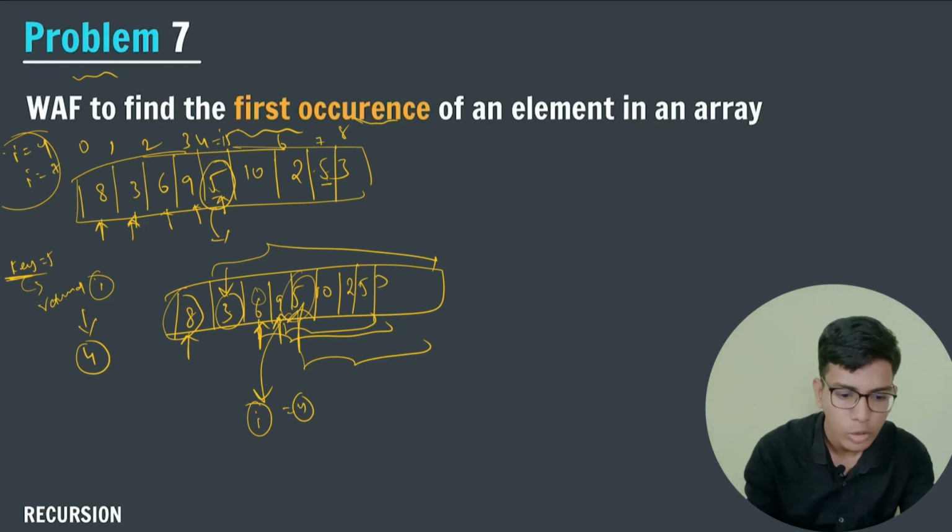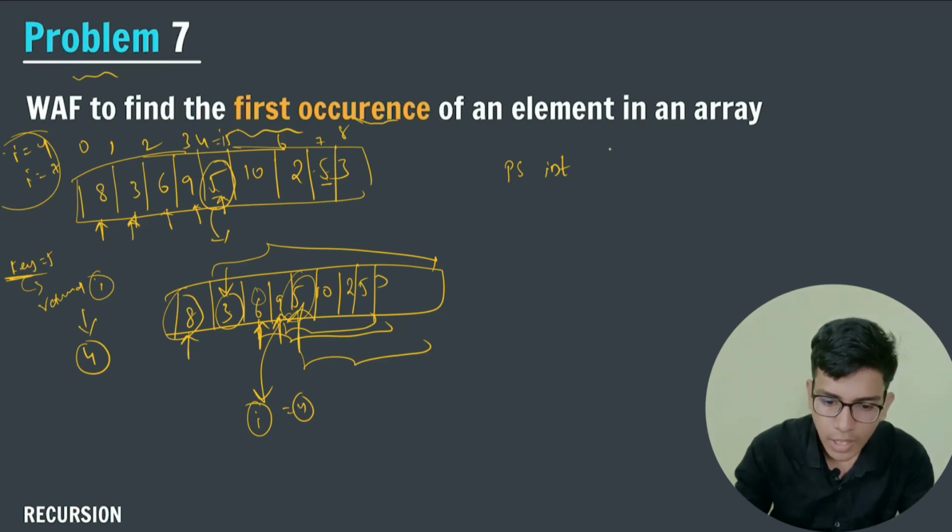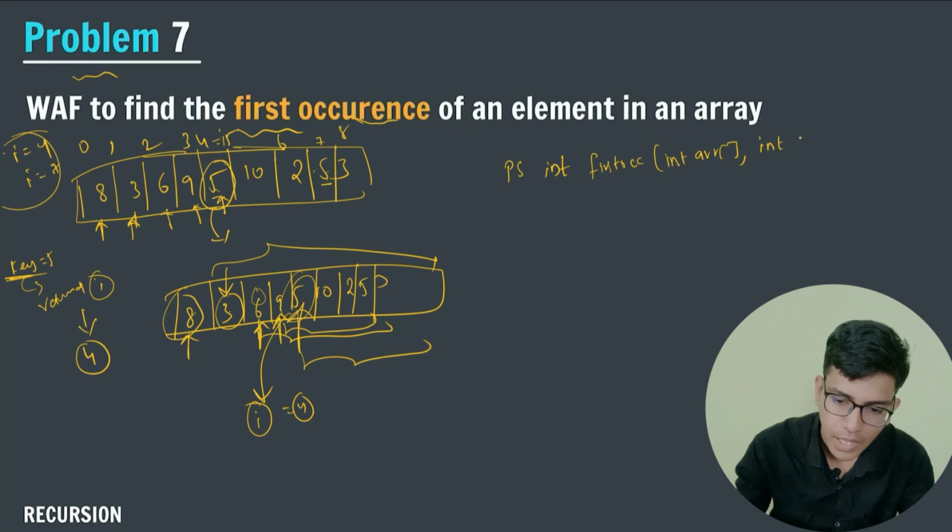Now let me write the pseudocode for this. So first of all, I am going to write a public static integer type function, because I am going to return the index of that particular element, right? So int, after it I am going to write firstOccurrence. In this I am passing int arr, after it int i, that is my index value, after it int key value.